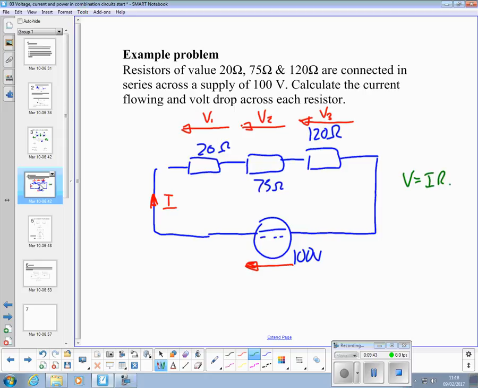V equals IR. Or find the current, and then I is equal to V over R.